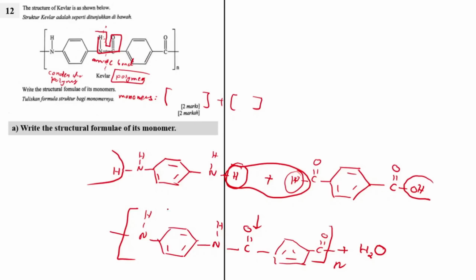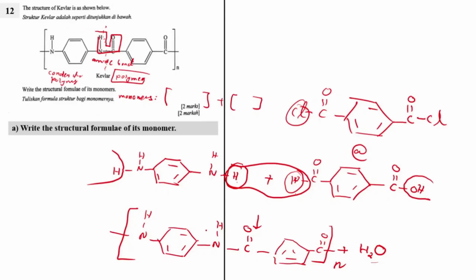So we're going to have one for diamine benzene and one for benzene carboxylic acid. Okay, or you can also use acid chloride, where you can use C double bond O Cl as well as C double bond O Cl. So you can eliminate water, or you can eliminate a small molecule, H and Cl, which is HCl.